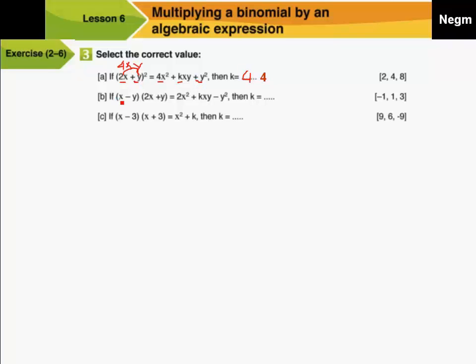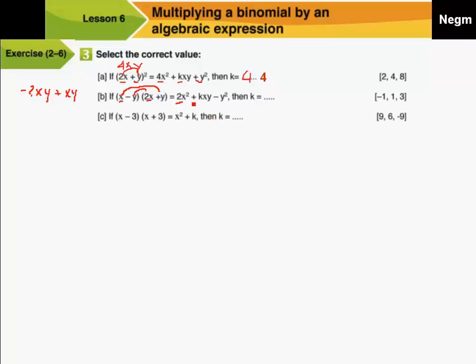Number B, if x minus y times 2x plus y is equal to x multiplied by 2x is 2x squared, minus 2xy plus xy, which is equal to minus xy.